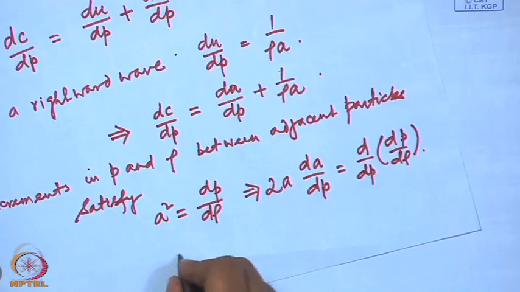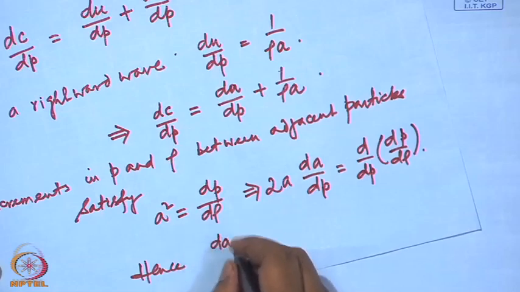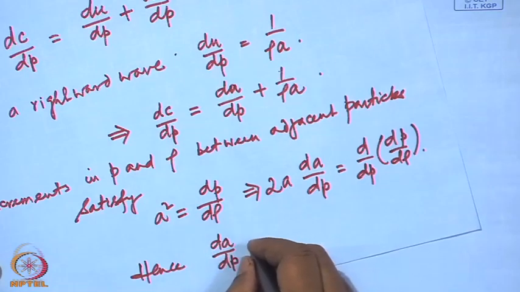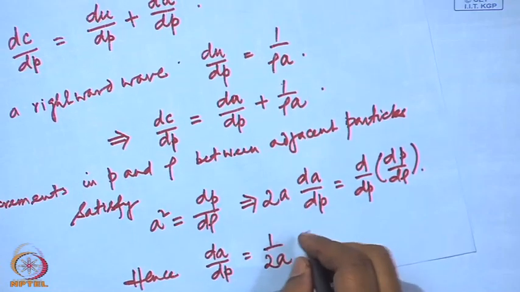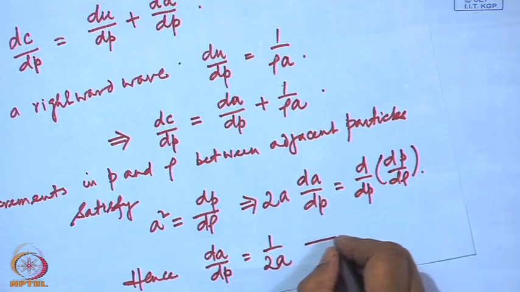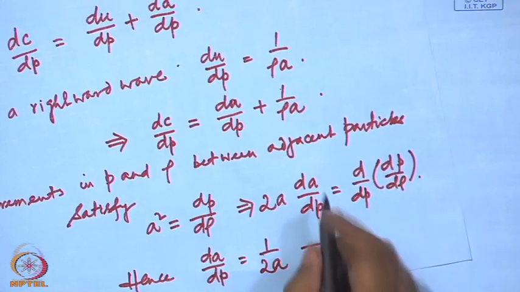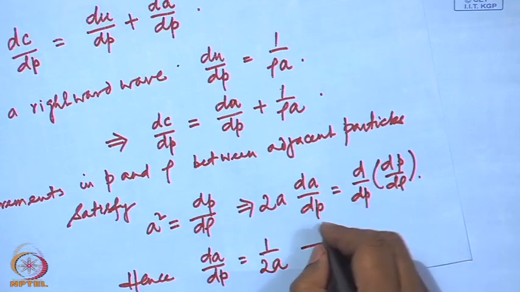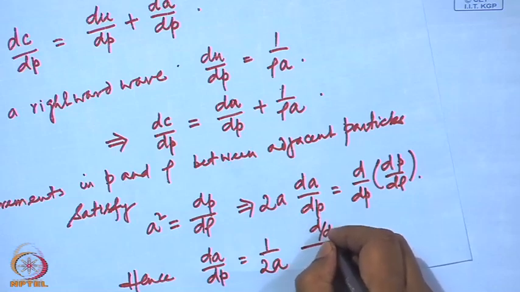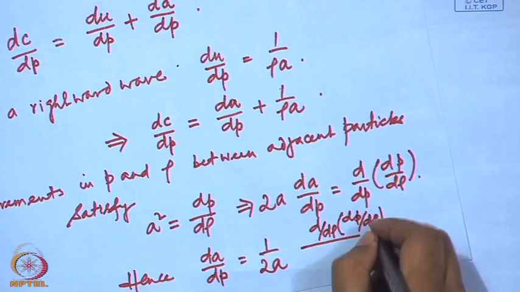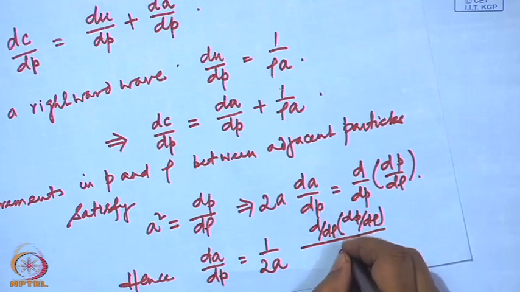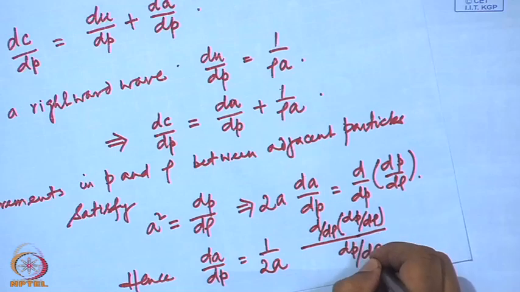and hence if we change this derivative with respect to rho, it becomes d d rho of dp d rho by dp d rho.